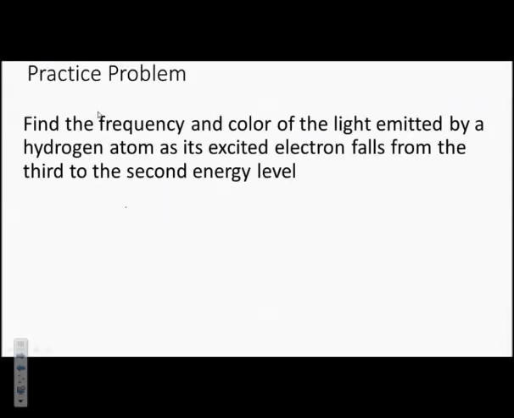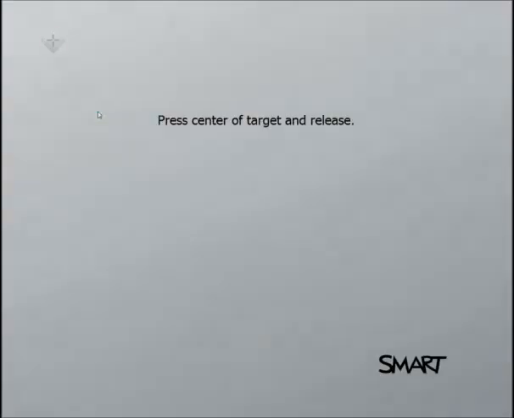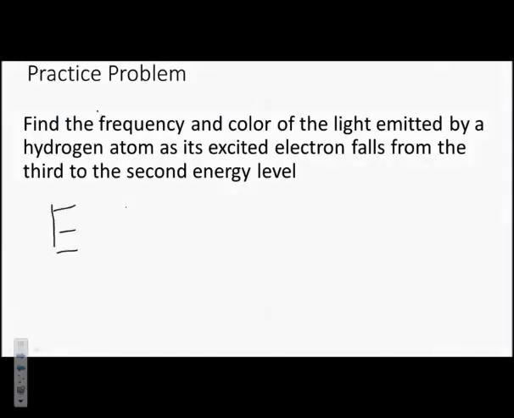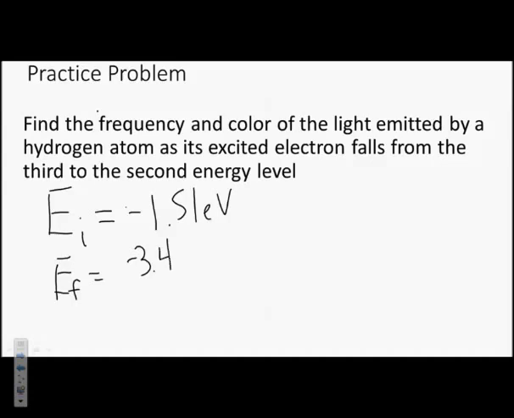Okay. So our first given, let's try that again. Our E initial is equal to negative 1.51 eV. Our E final is equal to negative 3.4 eV.